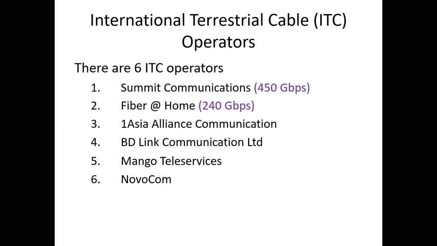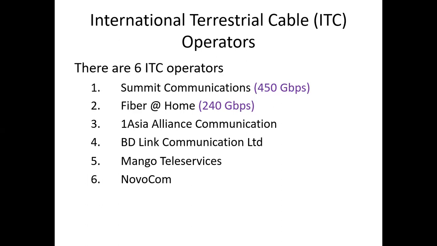Well, there are 6 ITC operators in our country, and the largest two are Summit Communications and Fiber at Home. They bring 450 Gbps and 240 Gbps via ITC. In fact, Summit Communications also works as an IIG, and they also provide internet connection via submarine cable.